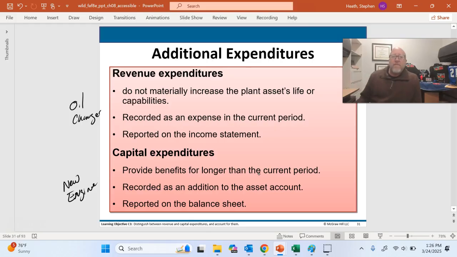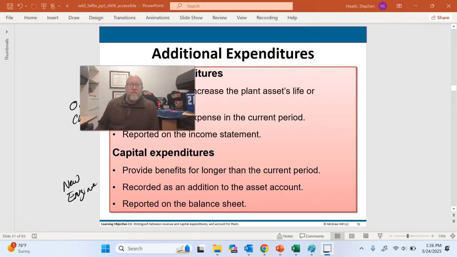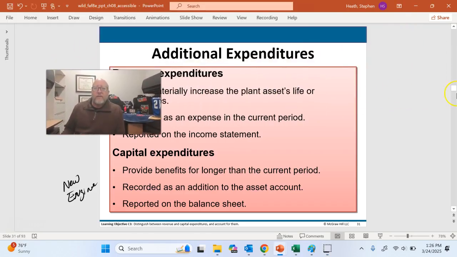So if I pay $100 to have my oil changed, it's literally just maintenance: repairs and maintenance expense 100, and cash 100.